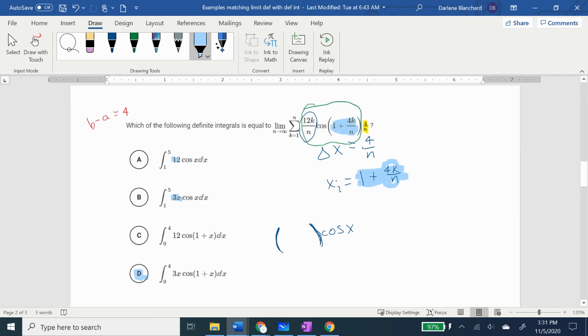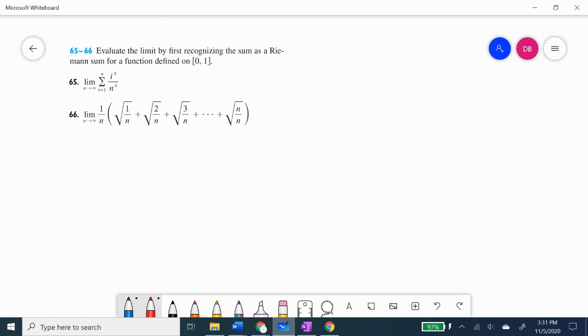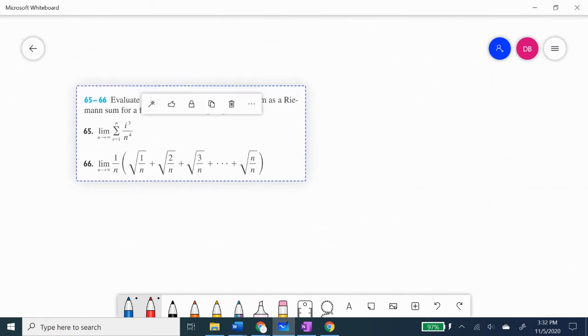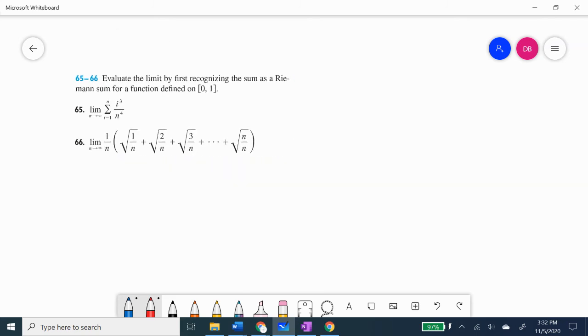Now, I'm going to look at some of the homework problems that you had a while ago and try to figure out how to write these as definite integrals. I'll do 65 first.